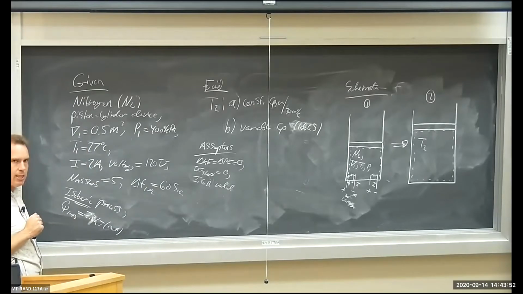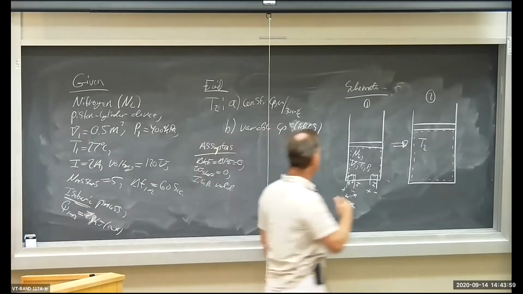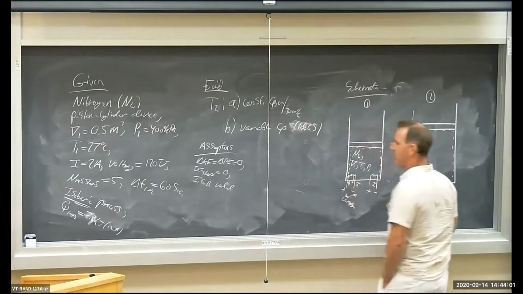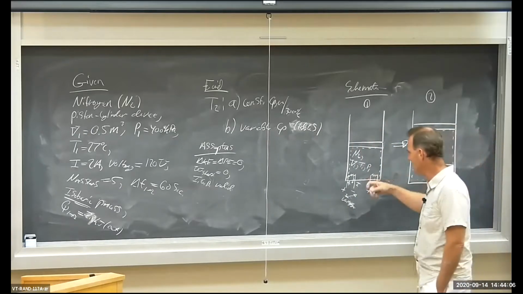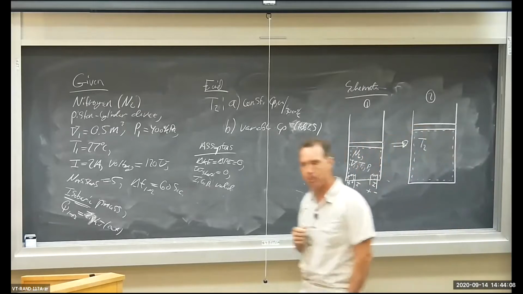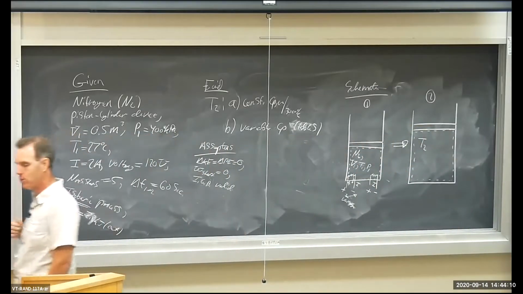And we're going to proceed to heat up the gas. And we're going to heat up the gas isobarically. So the pressure is going to be held constant in the piston cylinder device. We're going to turn on the current for 60 seconds. Presumably the gas is going to heat up.